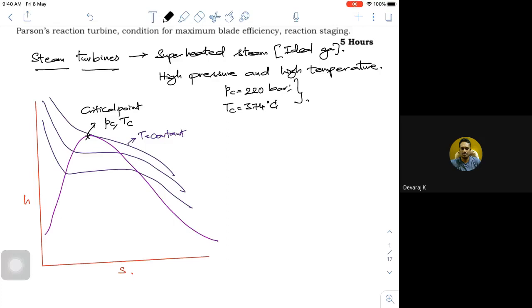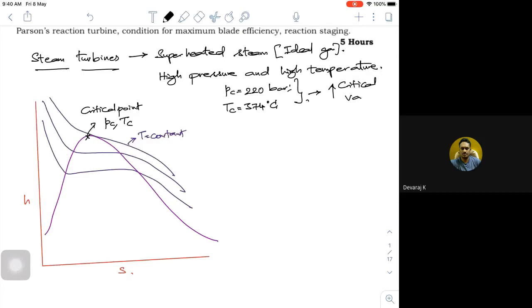Then what will be the operating conditions of most steam turbines? They will be operating at pressures around 350 bar, 400 bar, 450 bar, and the operating temperatures will be 800, 700, 900 degrees Celsius. Most of the high pressure steam turbines are operating above your critical value.